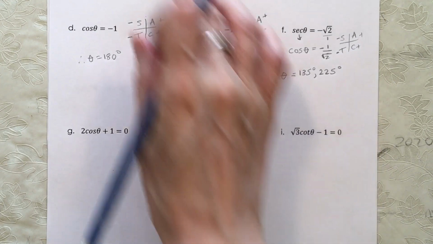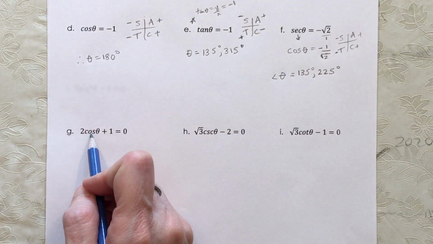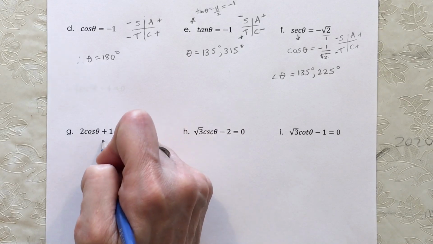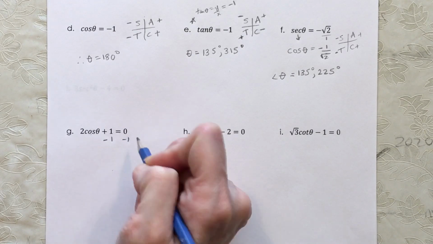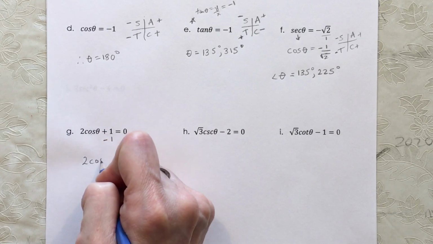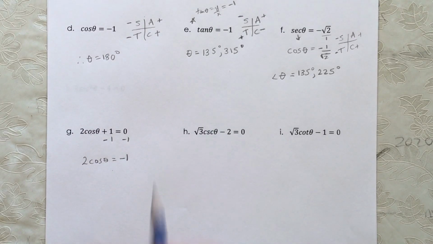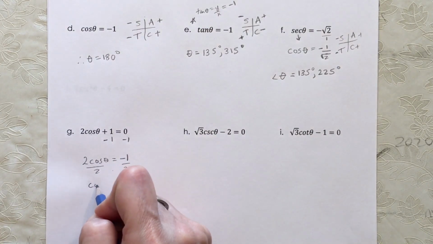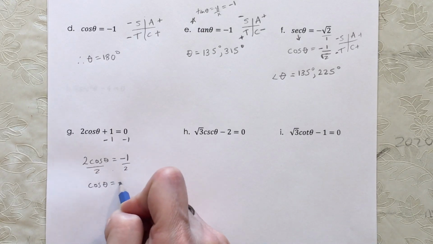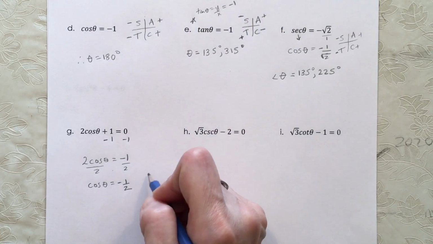Okay, so now they're getting only just a little bit harder because the sine, cos, or tan isn't isolated. You have to do a little bit of reverse BEDMAS first. So we're going to subtract 1 on both sides because we want to try to get the cos theta part by itself. And then divide both sides by 2. So now we've got it down to a simple trig equation again, a very simple one.